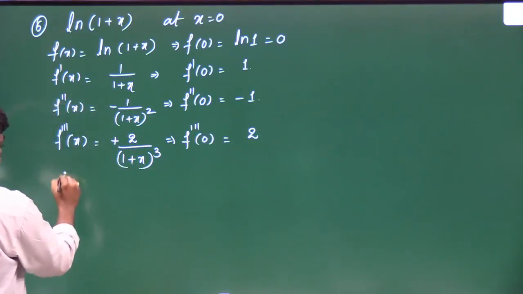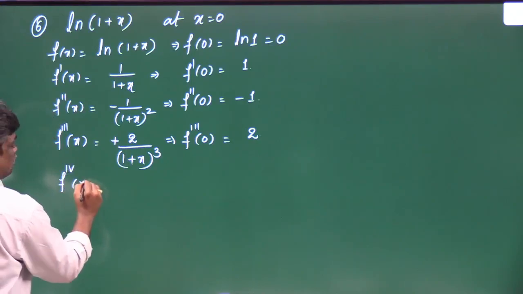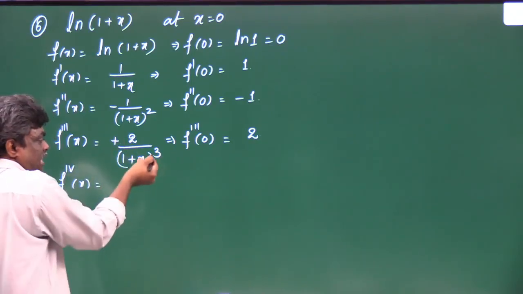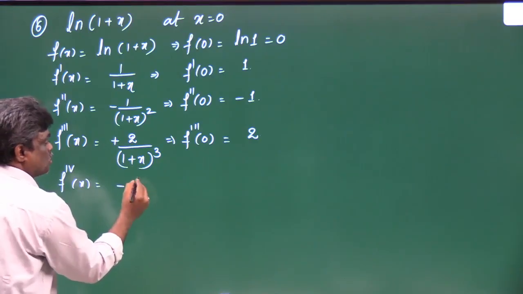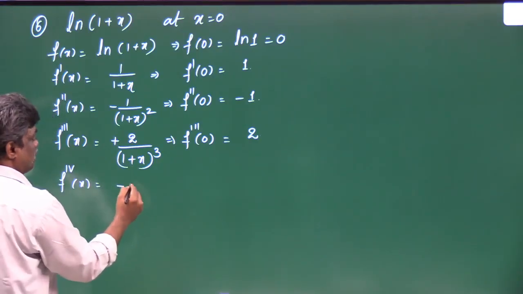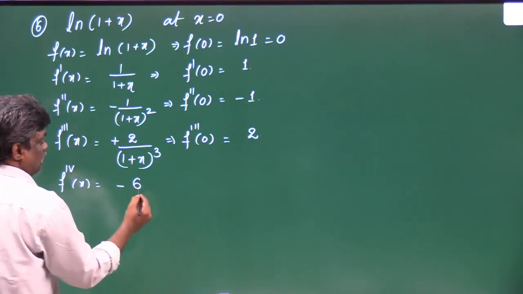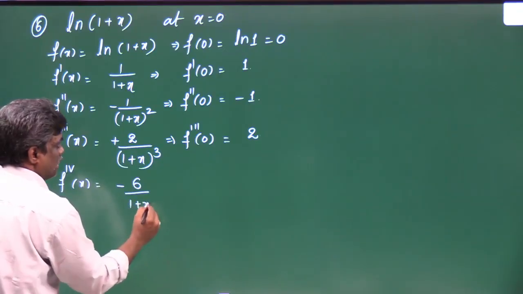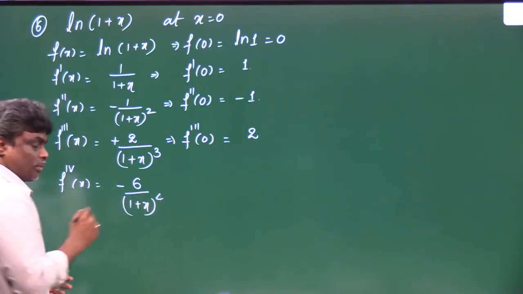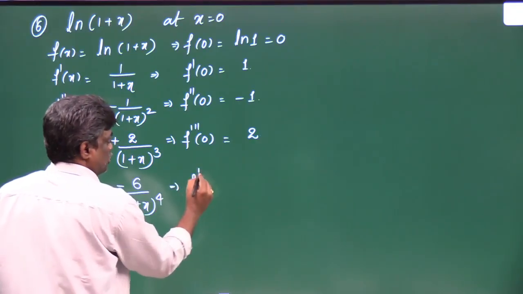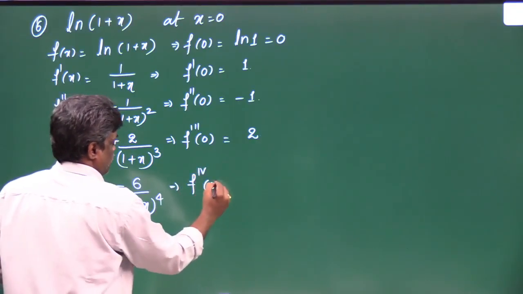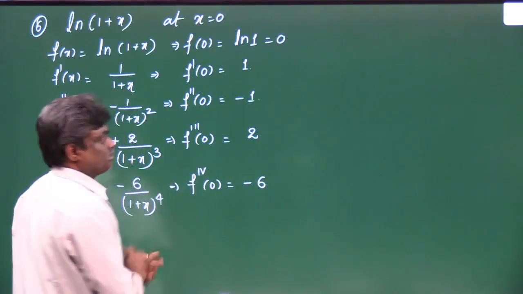Let us find one more. So the fourth derivative: here 2 is already there and this will be minus 3. So minus 2 into minus 3, that is minus 6 you can take, and by 1 plus x whole power 4. So if you substitute x equal to 0, here it is minus 6.